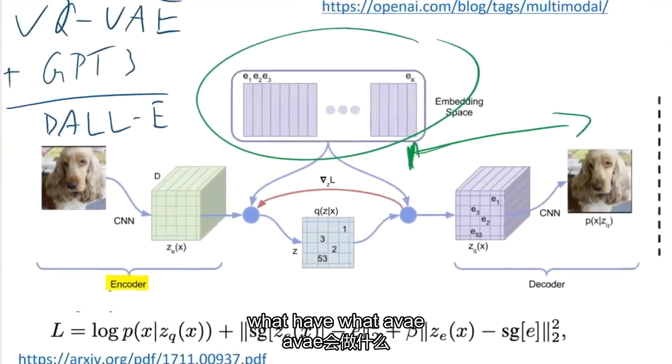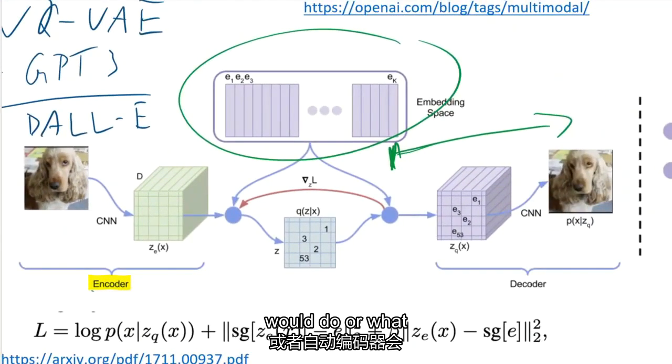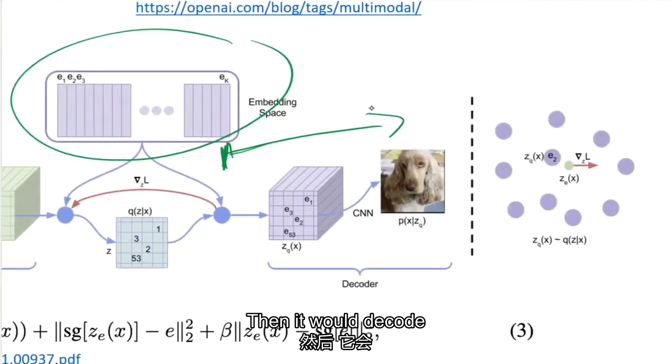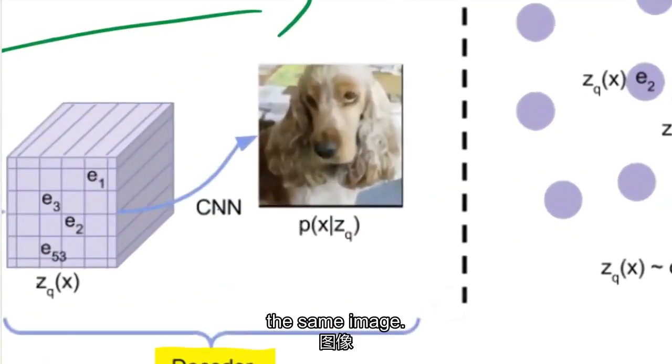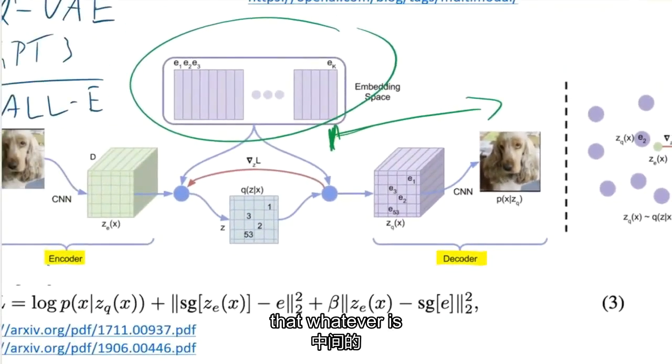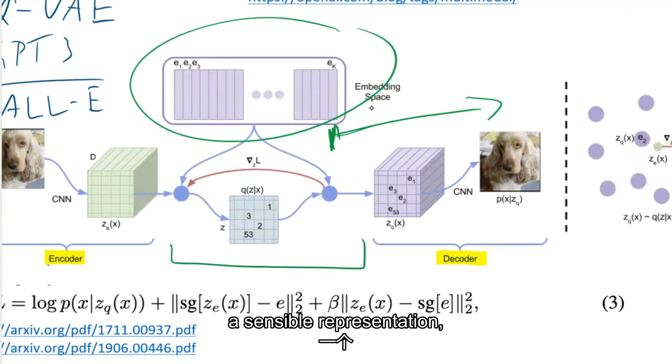Now, what a VAE would do, or what an autoencoder would do, is encode the image into a latent space, and then decode it again and try to reproduce the same image. Then you assume that whatever is in the middle is a sensible latent representation of that image.